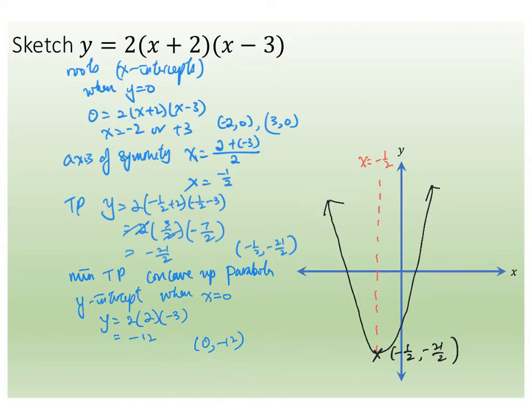And we know that that would be (−2, 0) and (3, 0). And this point is (0, −12). And this is y equals 2(x + 2)(x − 3). Right. So this is how you actually sketch a dilated parabola.